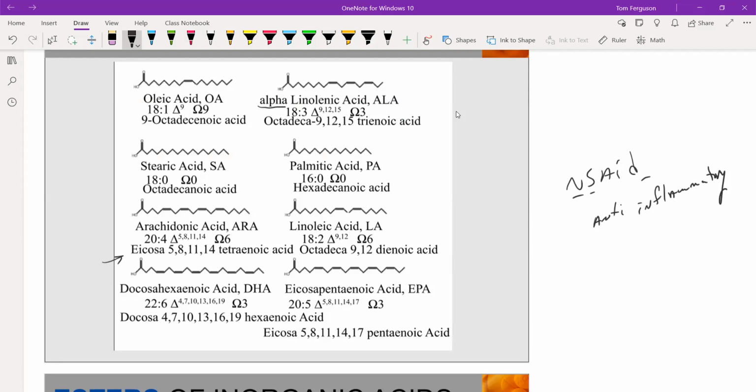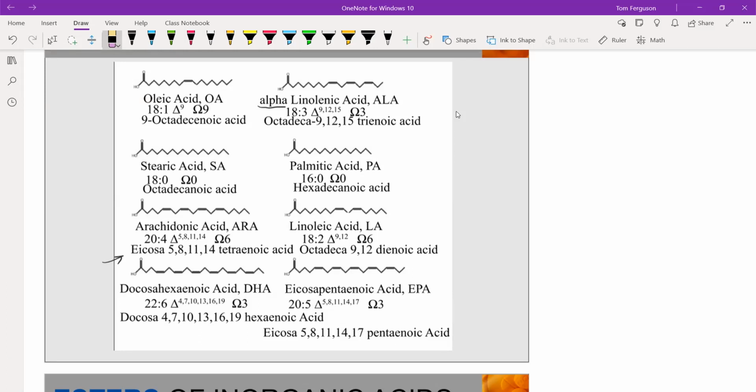Okay, so let's take this nomenclature apart. Let's look at linoleic acid.